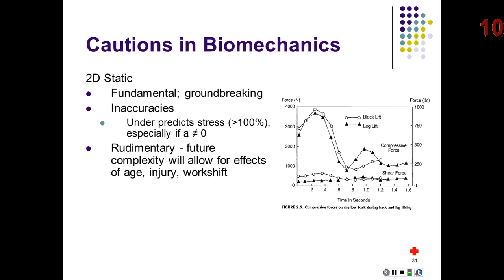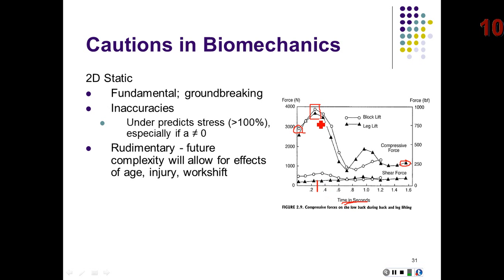We also know there are some inaccuracies. I mentioned we either look at the beginning of the lift or the very end of the lift, as being the most stressful. Those are the best that we can pick. But if you were able to track what's happening at each instant in time throughout an entire lift, we can see that the force on your back actually increases up to a peak within 0.3 seconds or so within a total lift.